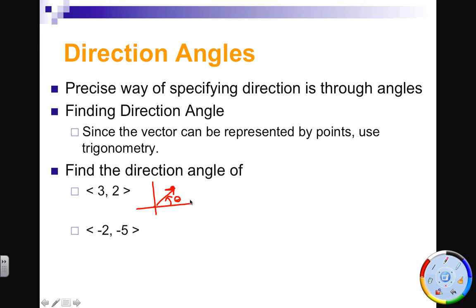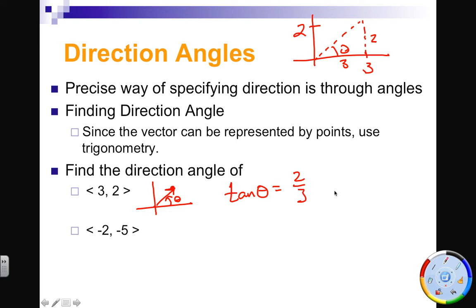So if I was to expand this a little bit, make this a little bit bigger, I went out 3 and up 2, and that means I can draw a triangle with side lengths of 3 and 2. Here's theta. Oh, well, that's nice. That's like our beginning trig. I know that tangent of theta is equal to 2/3, and therefore theta is tan inverse of 2/3.